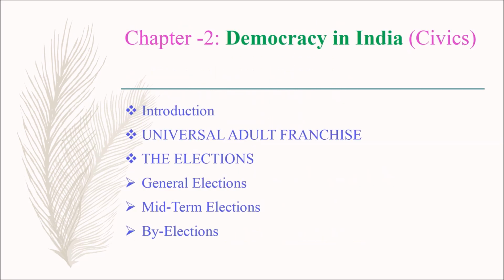Next, we are going to revise the second chapter in civics, which is democracy in India. Now, let's see the gist of the lesson. Introduction part, universal adult franchise, the elections. Under the elections, we have general elections, midterm elections and by-elections.